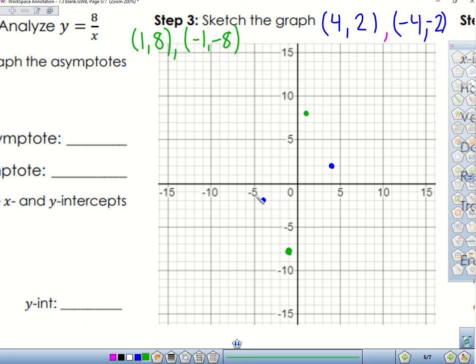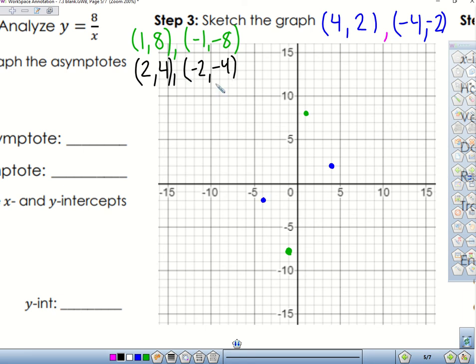I have a few here, and it's probably good to pick one that's going to be between these. So what's another value that goes into 8 evenly? 2. Okay, that'll work too. So we'll plug in a 2, and what's 8 divided by 2? 4, which means we also have a point, -2, -4.